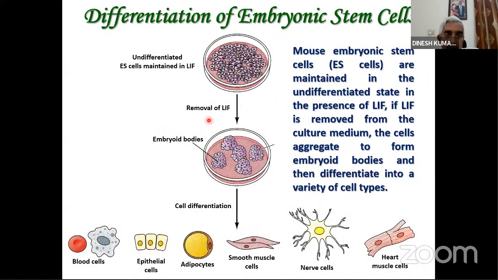How? In the culture media, the embryonic stem cells are taken from the early embryonic stage, and they are undifferentiated. Here, the leukemia inhibiting factor is included.